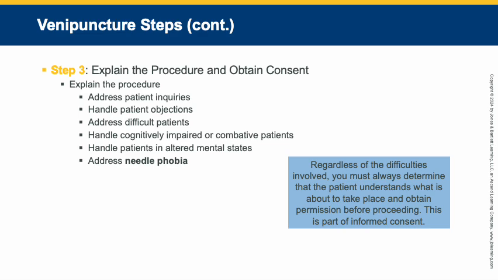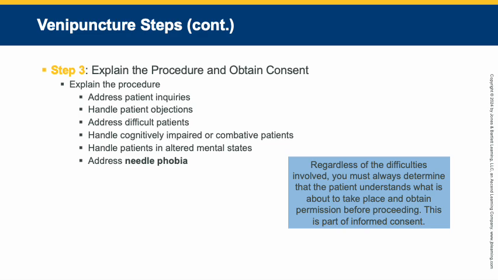And if you give them the chance to take control, like you're not going to stick them without their permission, and remind them that they do have the right to refuse testing, but if they do, then the doctor can't get the valid results. Okay, so that's kind of how you do that.